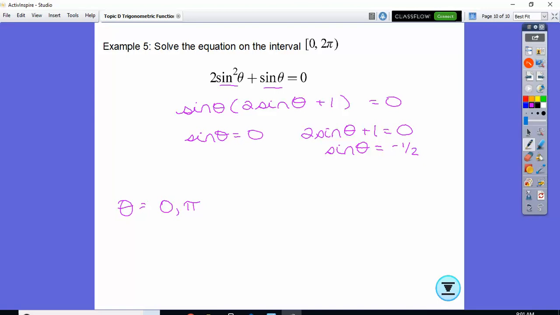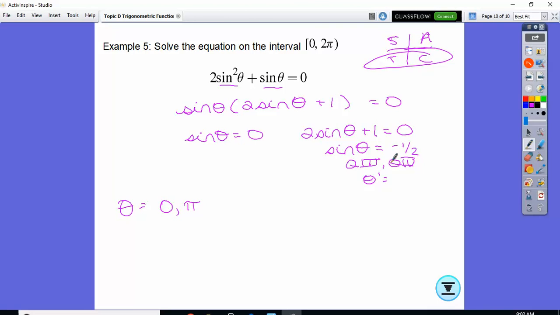Okay, negative 1/2. So sine is negative if we think all students take calculus. Everything's positive. Students' sine is positive. So it has to be in 3 or 4. Reference angle. When is sine 1/2? So if you think about your hand trick, sine is the square root of the figures above over 2.